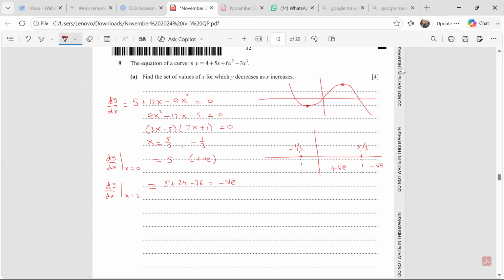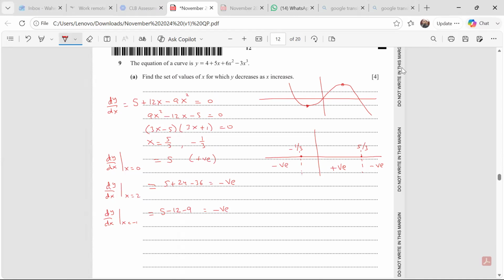In the same way, if I put negative 1, dy/dx is 5 plus negative 12 minus 9 times 1, which is negative 9. Again it comes out to be a negative number, so here it's also negative.